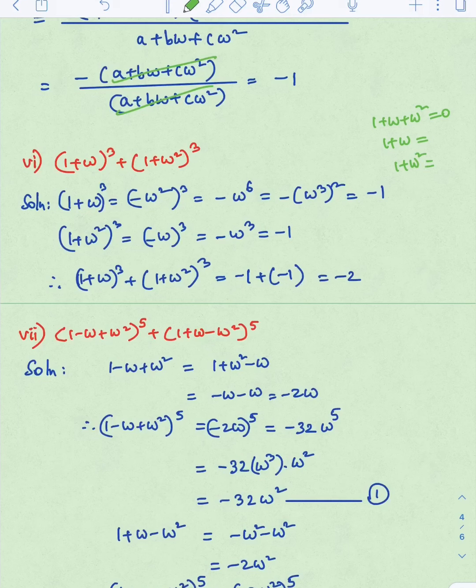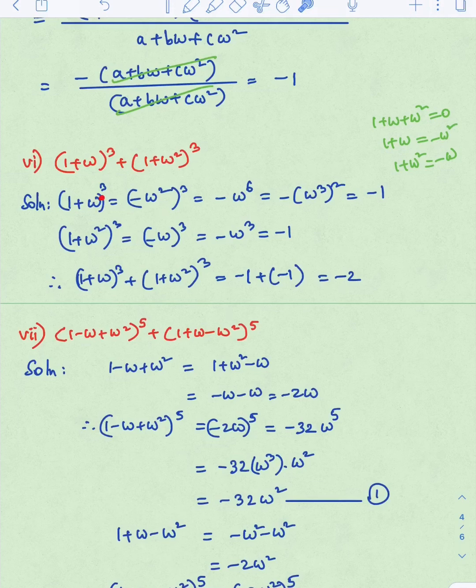We want 1 plus omega one time, 1 plus omega square the other time, because they are required here. 1 plus omega is how much here? Minus omega square. And what is 1 plus omega square? Minus omega.